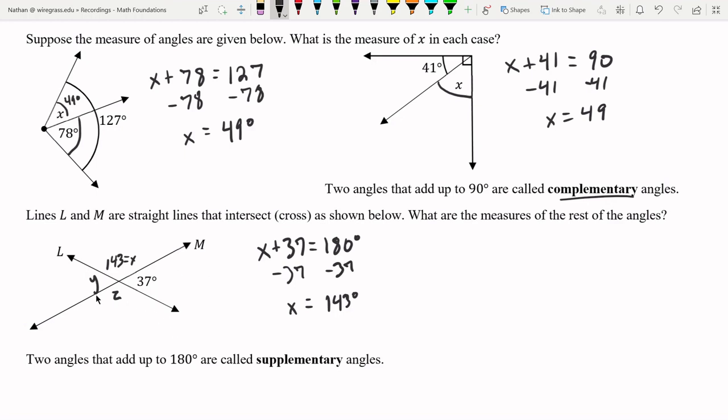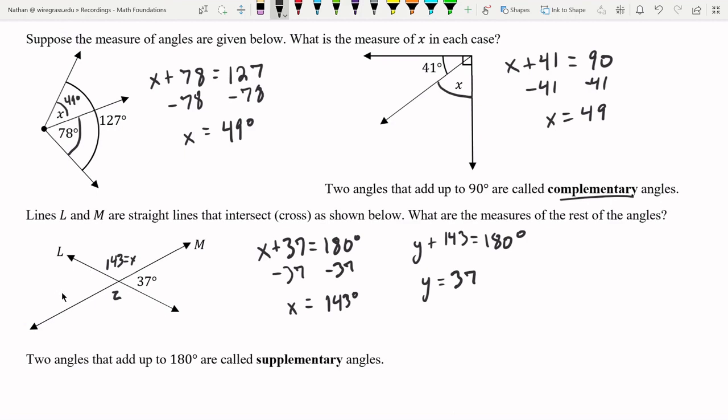Now, I also know this is a straight angle here as well, because this is a straight line. That means y plus 143 equals 180 degrees. But we already know this is going to be 37, since 37 plus 143 equals 180 degrees.